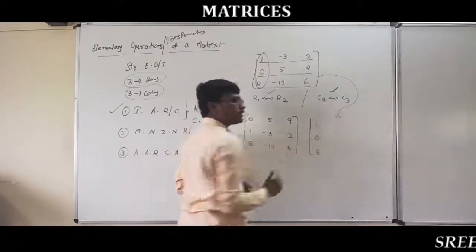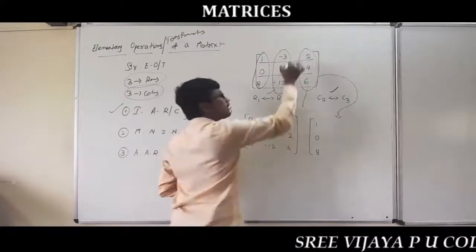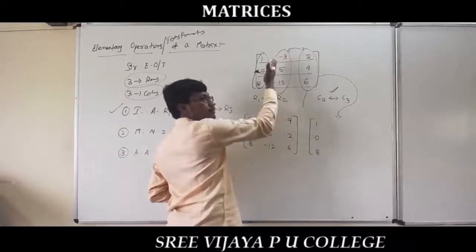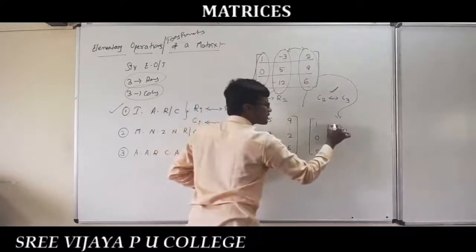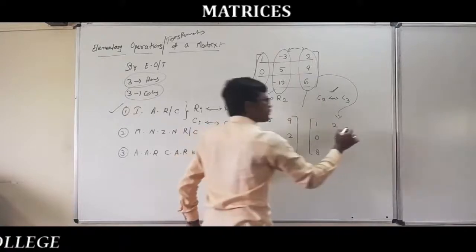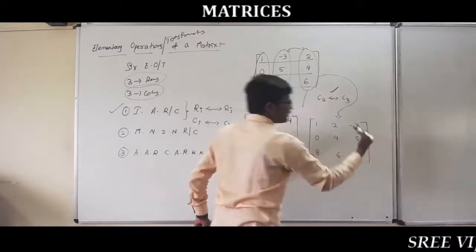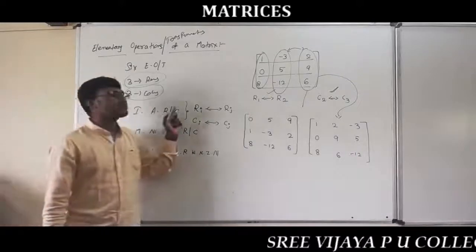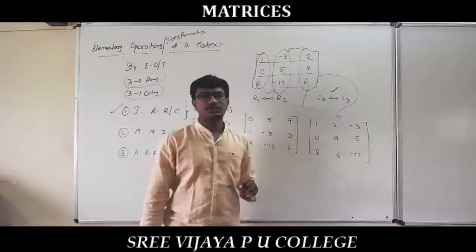In place of column 3 you write column 2, which is 9 6, and in place of column 2 you write column 3, which is minus 3 5 minus 2. So this is the first one, interchange of any 2 rows or any 2 columns: R1 interchanges to R2, or C2 interchanges to C3.